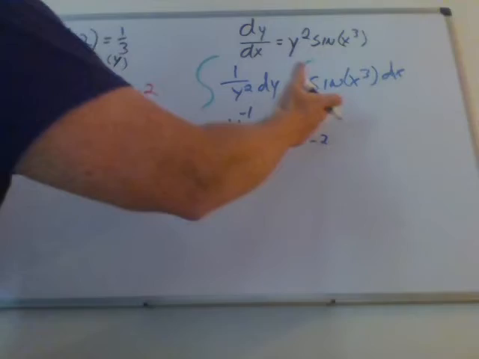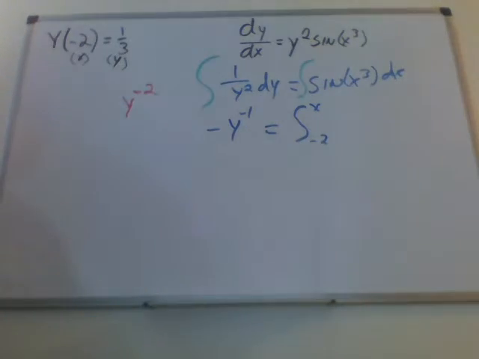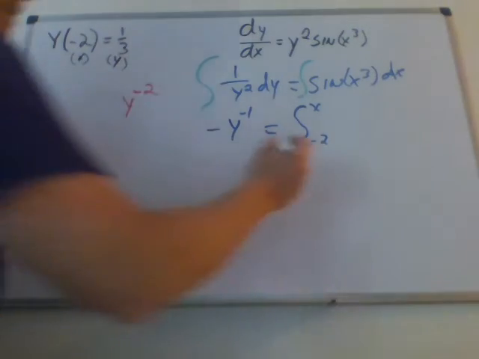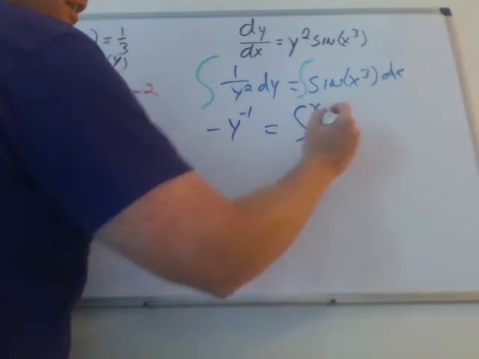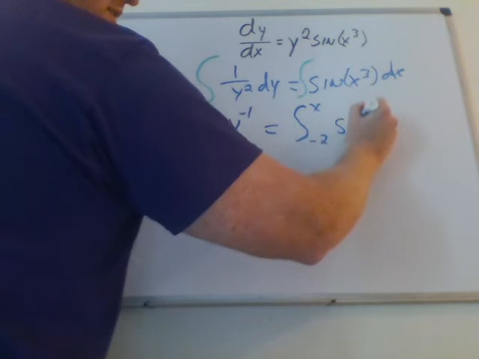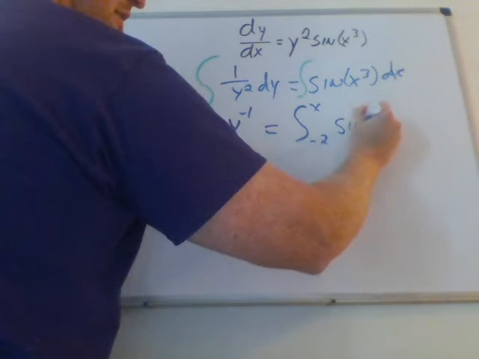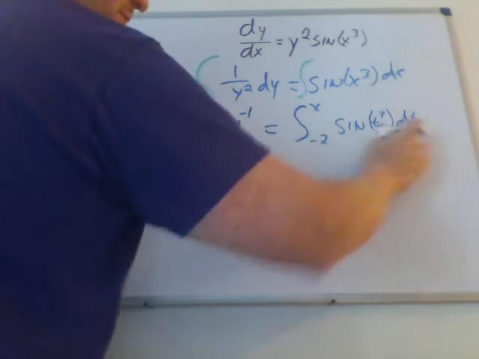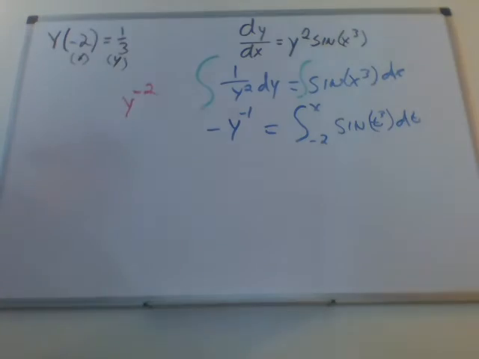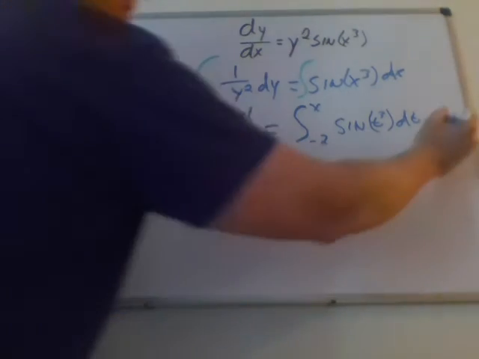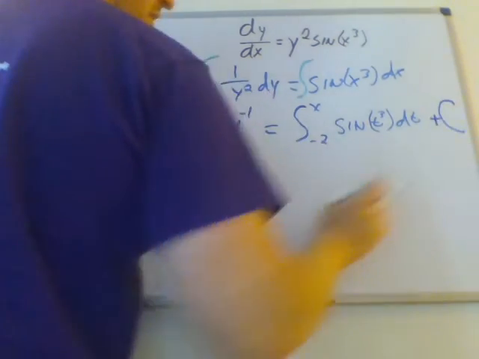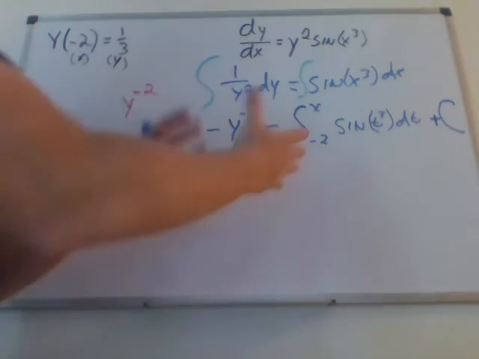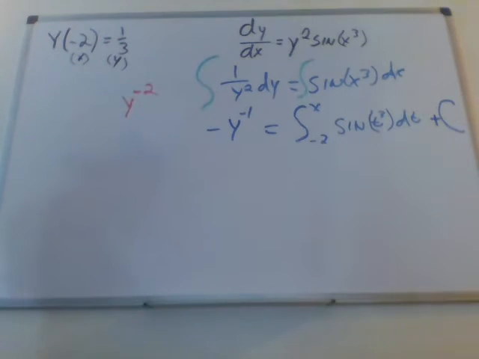However, now your variable is x up there, so you have to put in a dummy variable. I like to use t, so you provide sine t to the third dt, and then you can also provide your constant. You don't want to forget your constant. You're not totally getting rid of x, but you're putting a new integration function in.